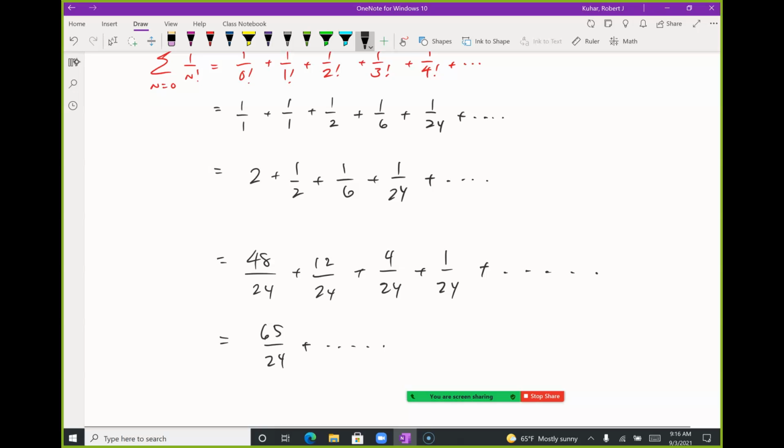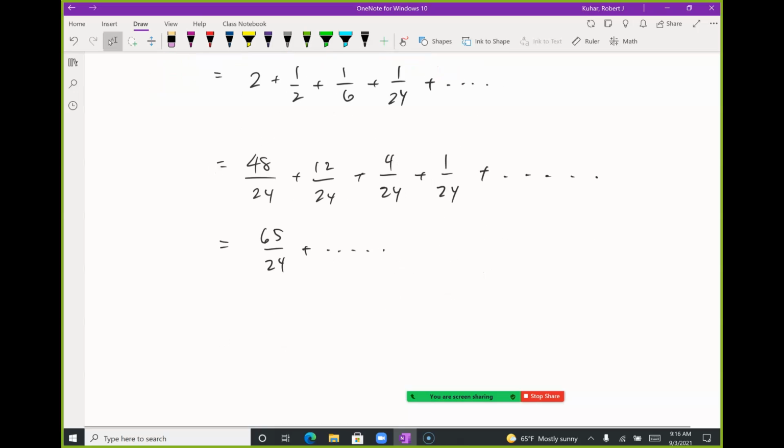And my calculator says 2.083 repeating, but it might as well be 2.71.